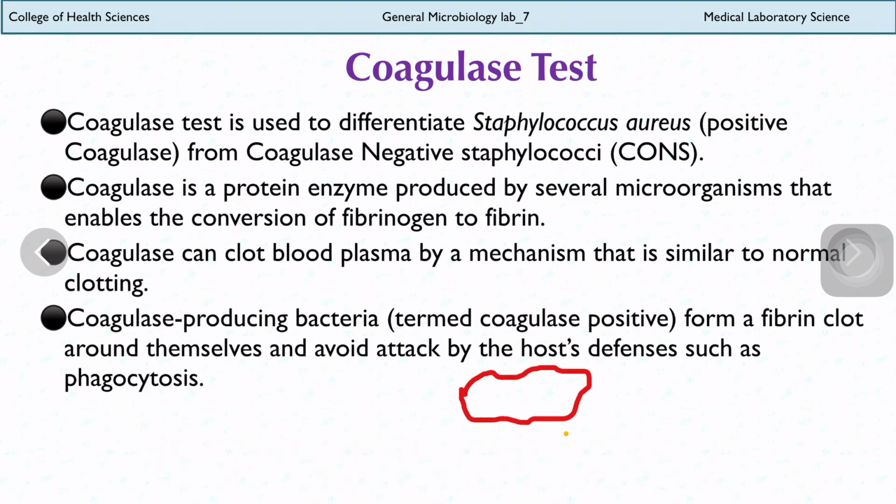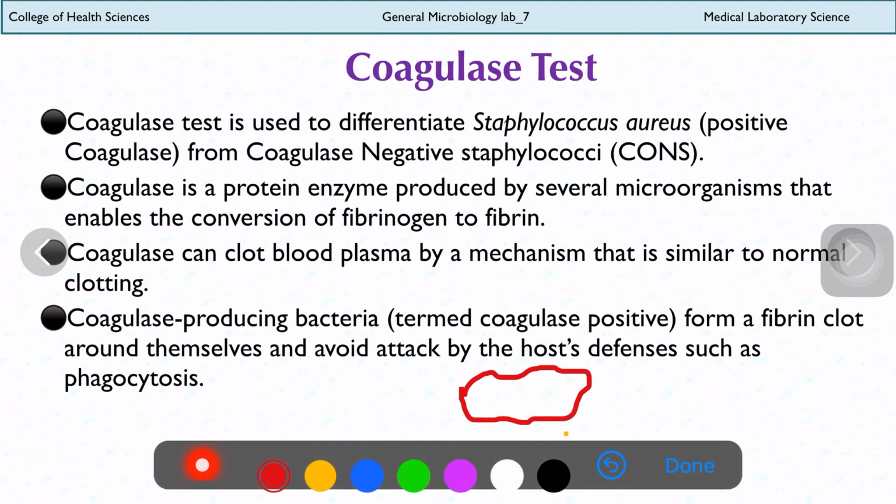Normally, as a kind of our host defense, we have macrophage, and on the surface of macrophage we have receptors. These receptors can bind to several ligands on the surface of bacterial cells. So you have a bacterial cell here.